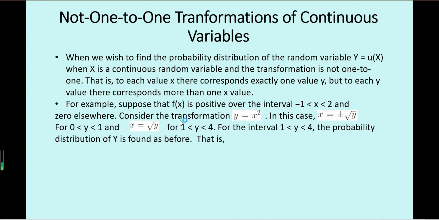Because y is the square of x, so x is the square root of y. But because of the range of x, we have plus and minus for y between 0 and 1, and x is the square root of y for the range between 1 and 4, right?